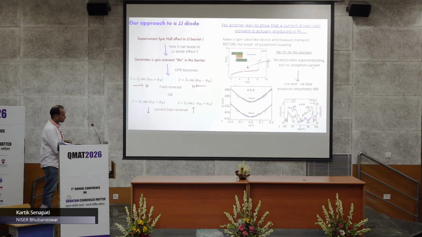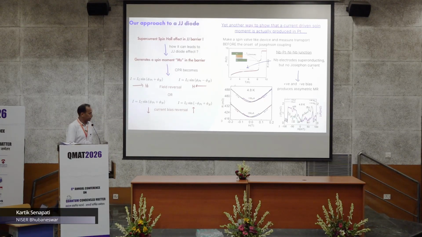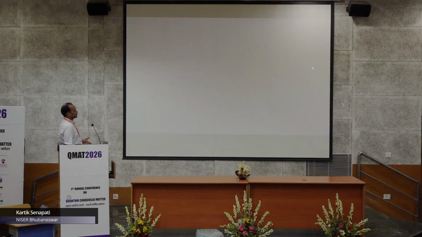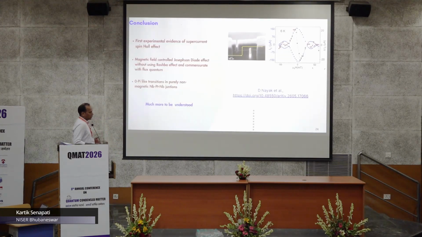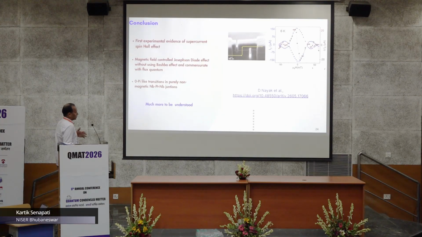If you change the current direction and do the normal sort of MR measurement, you see that spin valve like response in parallel and anti-parallel configurations. I'm not going into the details, but we see that spin valve. So there are two independent measurements which show that there is actually a moment generated in the PT layer. So yeah, that was the data.